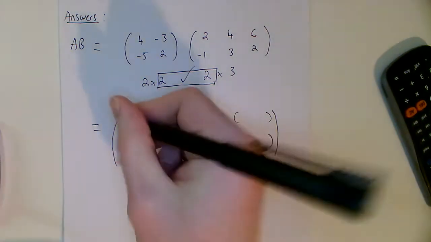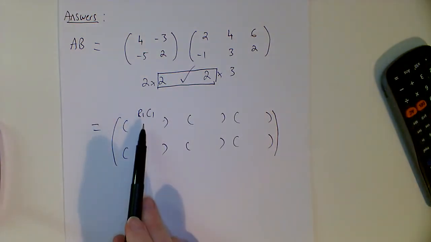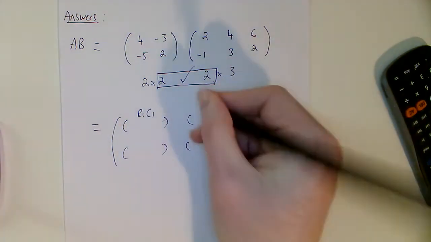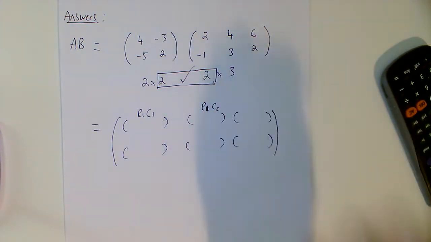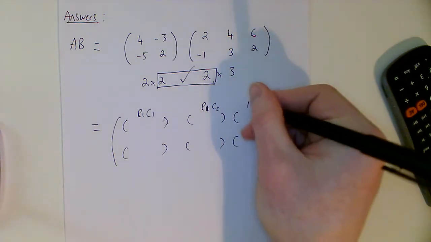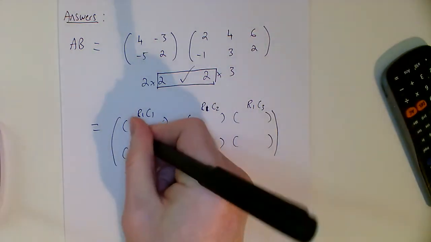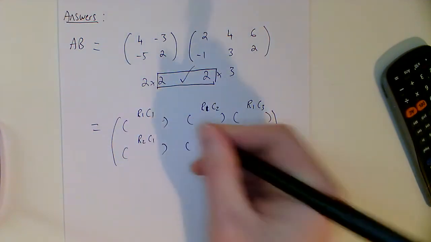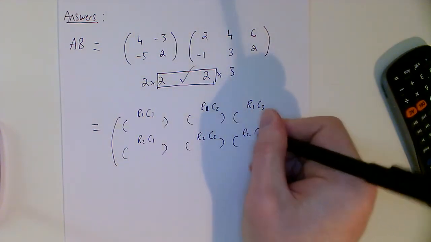That element there is row 1, column 1, because it's in the first row and the first column. This element here is row 1, column 2, and this element here is row 1, column 3. This is row 2, column 1, row 2, column 2, and row 2, column 3.